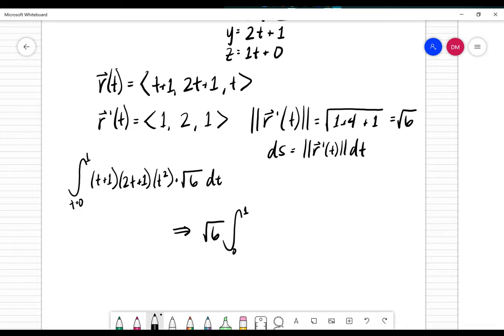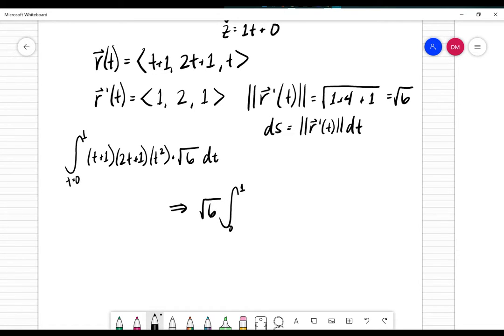Sorry, I'm doing this in real time. Multiplying out the inner part, I got 2t squared plus 3t plus 1. That would still get multiplied by a t squared dt. Not quite sure why I didn't multiply that through, but there you have it. You can do that if you're calculating the line integral.